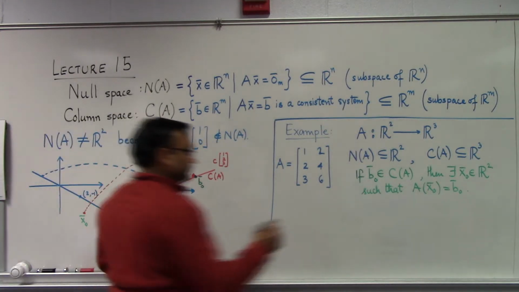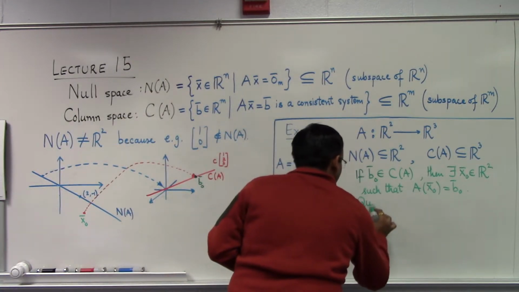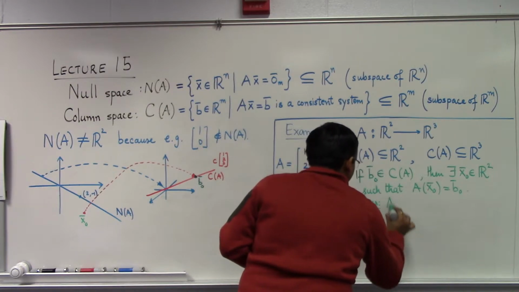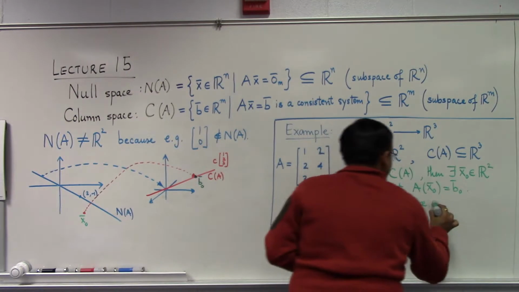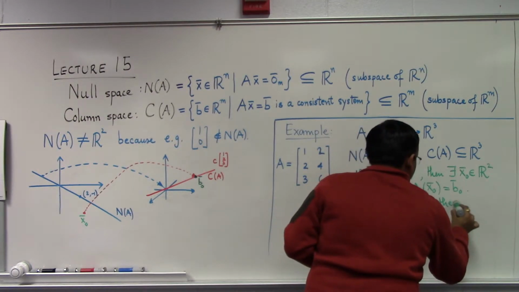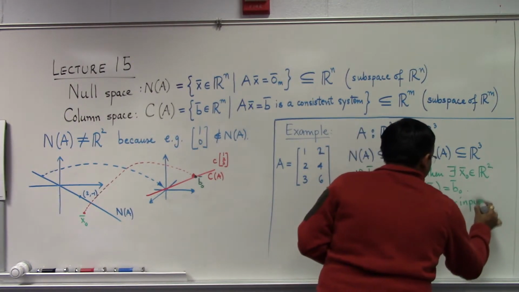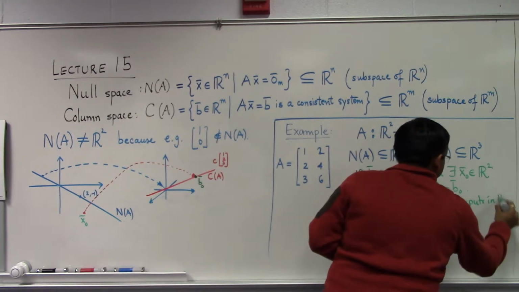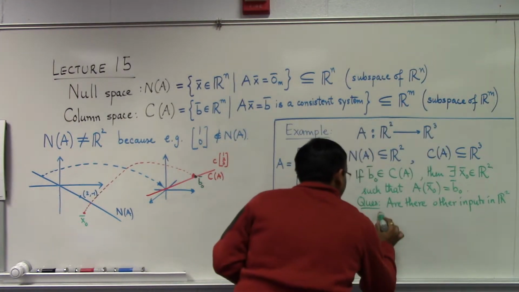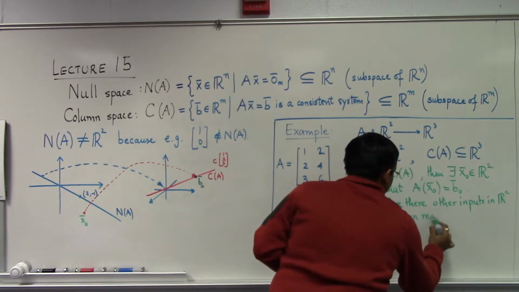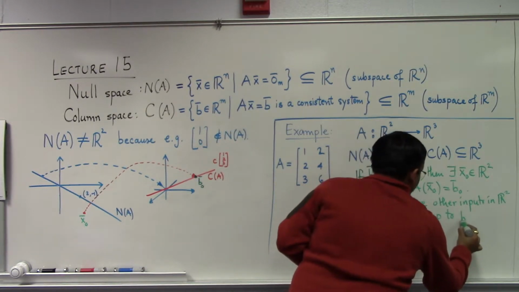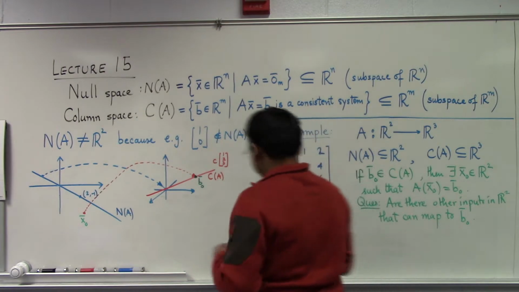Question is, are there other inputs in R2 that can map to B0?